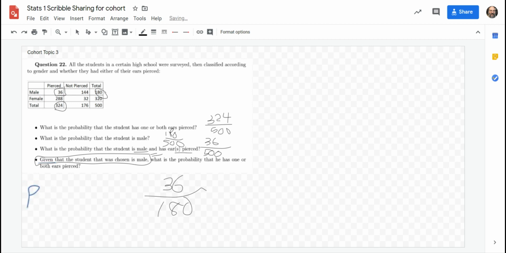Any given should be computable as if it was conditional probability. So let's just do it, right? Probability of pierced given male, right? We know just from formula without thinking at all, although I would like you to think about why the formula makes sense, right? We want the probability of the intersection divided by the probability of the given condition.